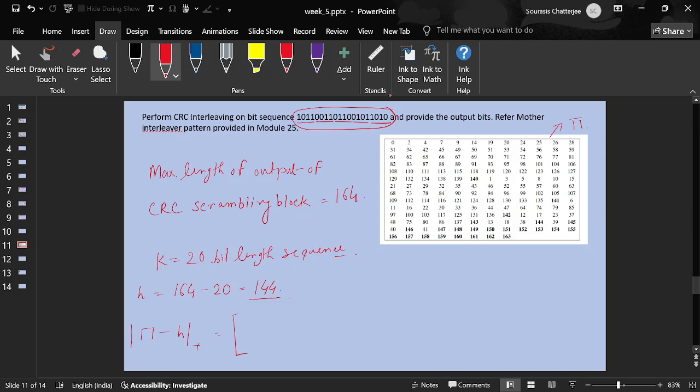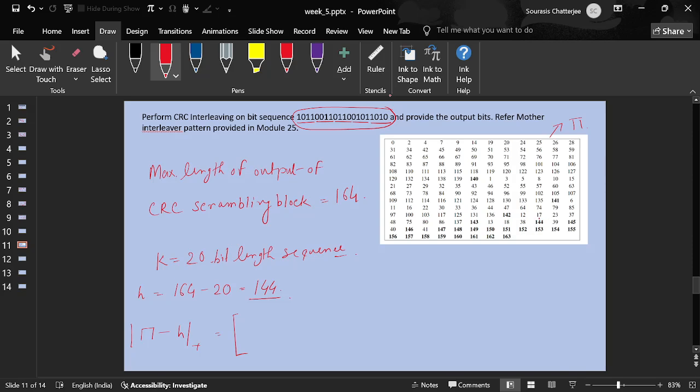so which one will come first in this sequence? If I go via this line, 146. But we have 141 here also, right? 141 is less. Okay, so then 142, 143 here.